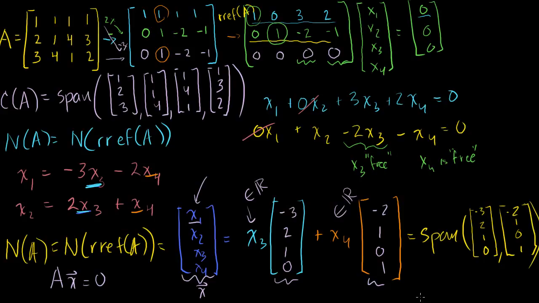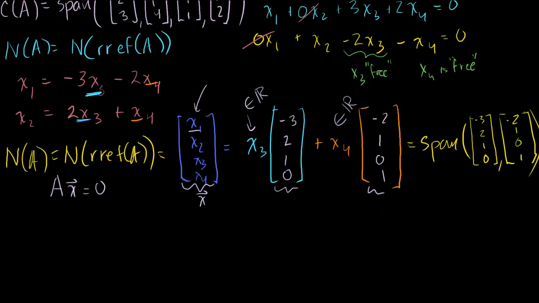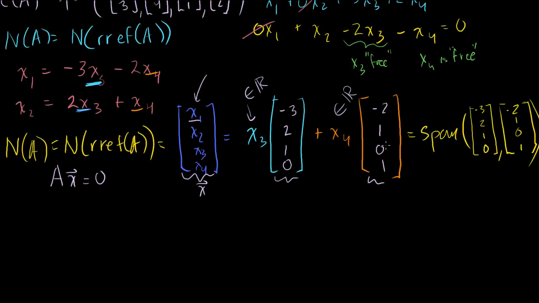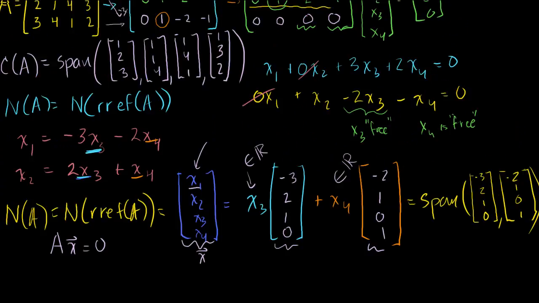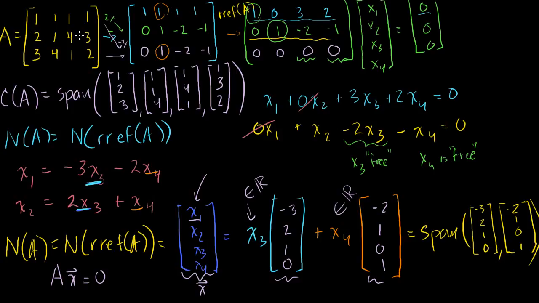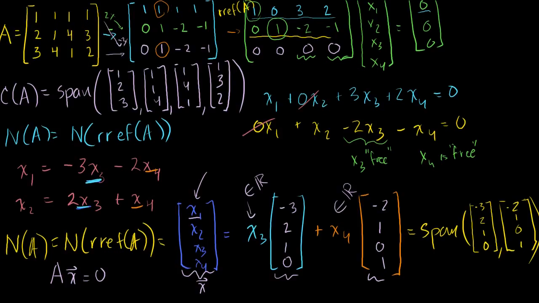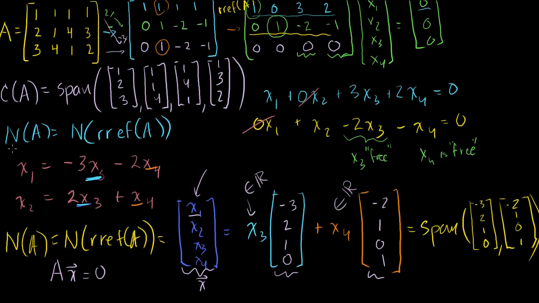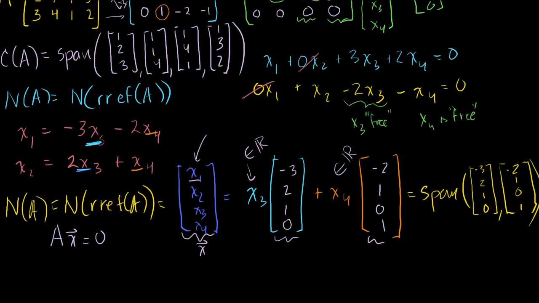Now, let me ask you a question. Are the columns in A a linearly independent set? Let me write that down. So if we write these vectors right there, these are the column vectors of A. Right? So let me write that down. So what were they?